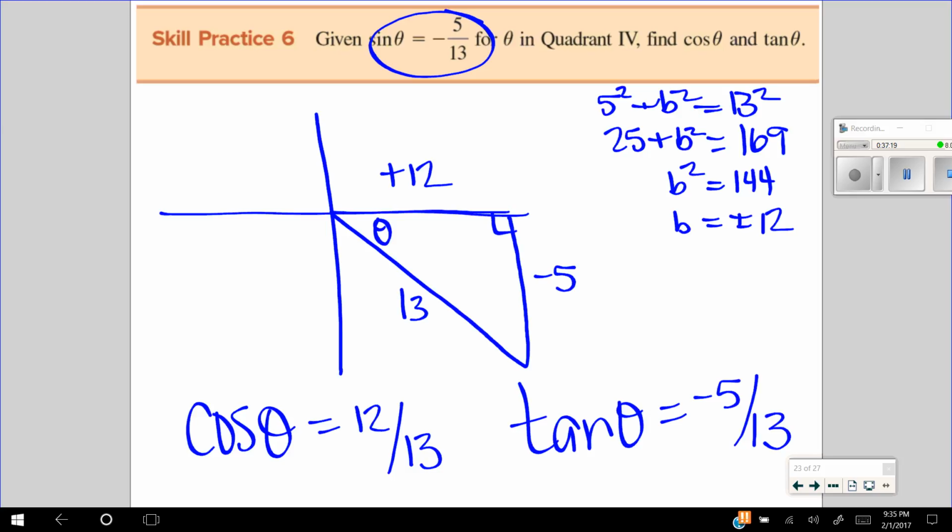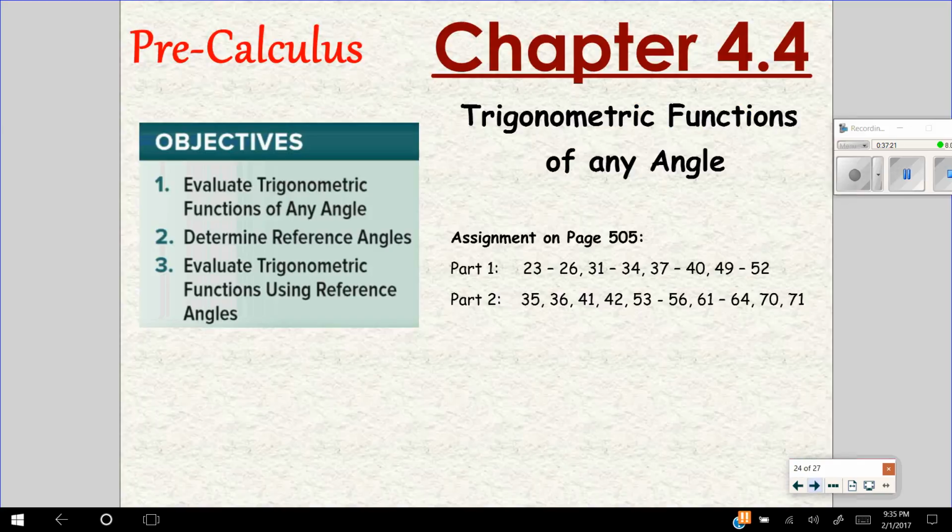Okay? So your assignment for tomorrow, there on your syllabus you'll see that 4.4 has 2 parts. You are going to do just part 1 for tomorrow. Okay? Now, also due tomorrow are your assignments for chapter 4.1 and chapter 4.3.